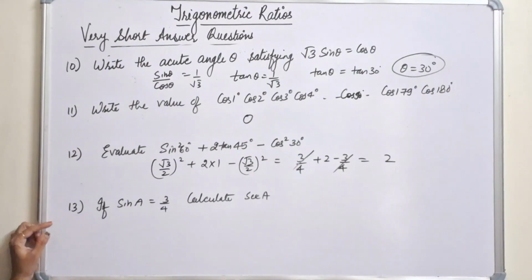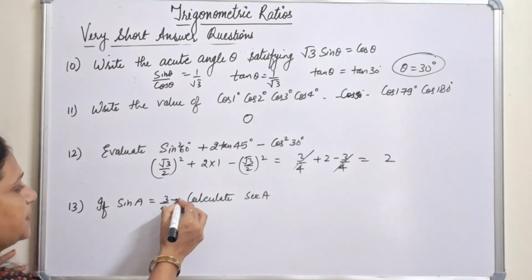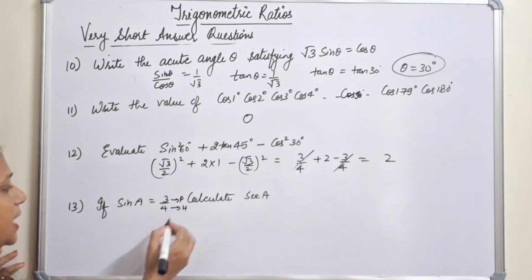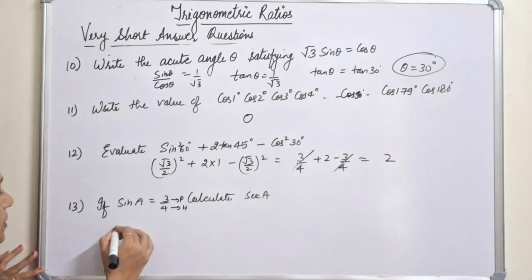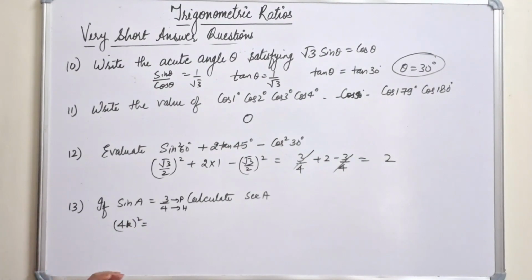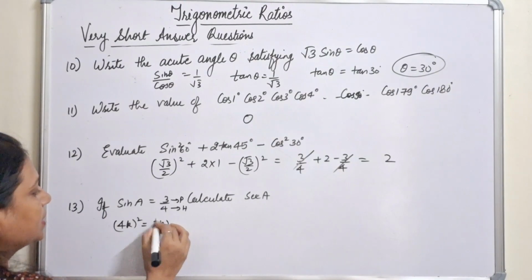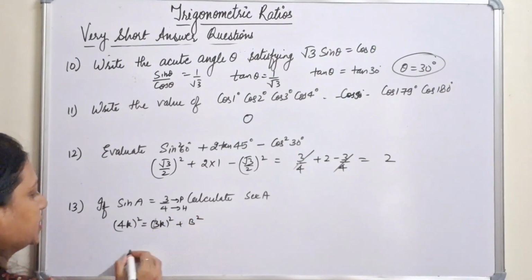Next देखिए, if sin A is equal to 3/4, you have to calculate sec of A. So this is perpendicular and this is hypotenuse. So 4k square is equal to, जल्दी जल्दी में 3 4 5 का ट्रिपलेट मत ले लेना क्योंकि यहाँ हाइपोटेन्यूज दिया है 4. So 4k square, perpendicular square is 3k square plus base square.